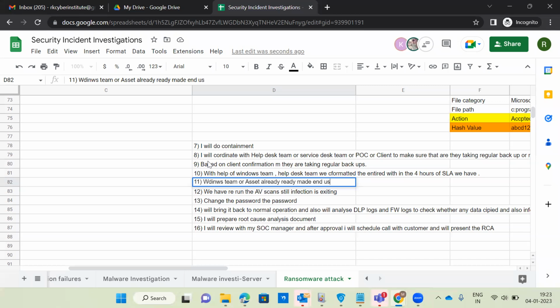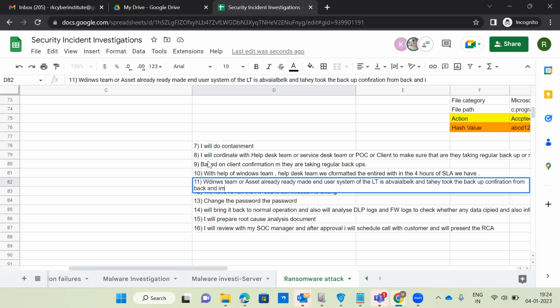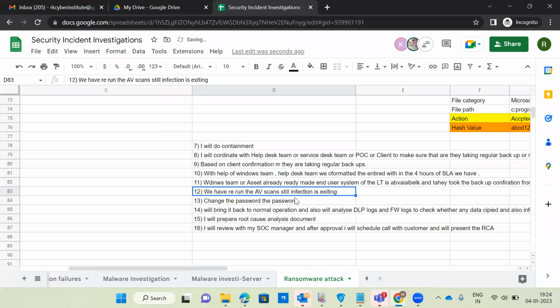Okay, a ready-made end user laptop is available, and they took the backup configuration from backup and imported it into the newly ready-made laptop. Finally, we brought it back to normal operations.